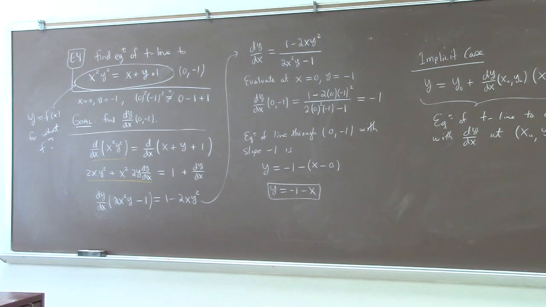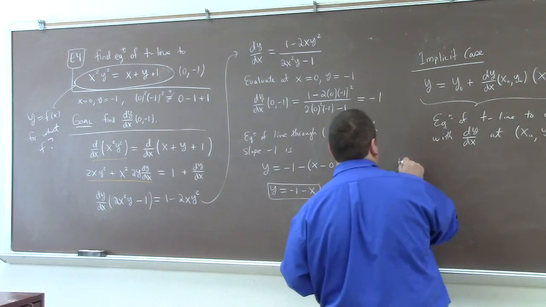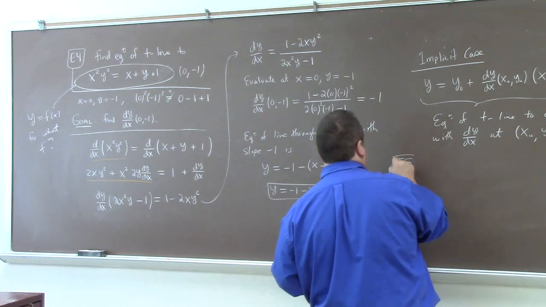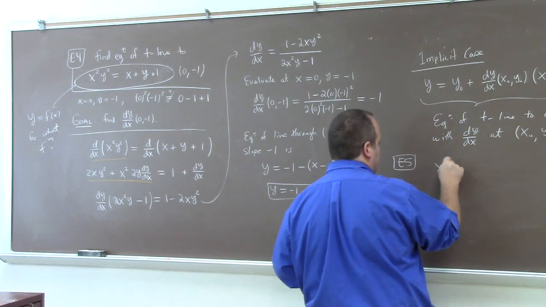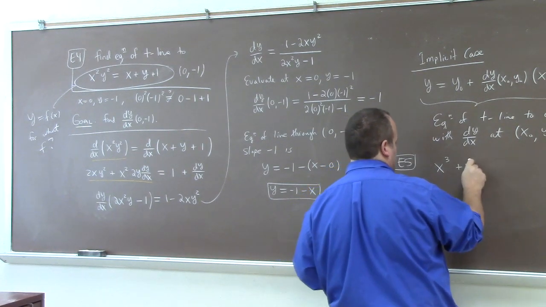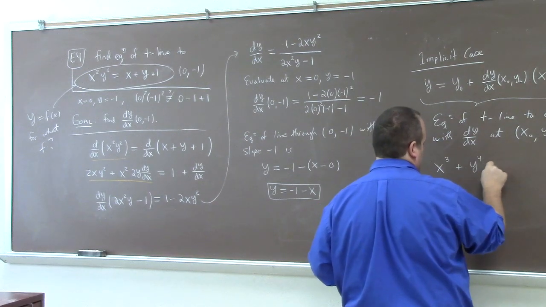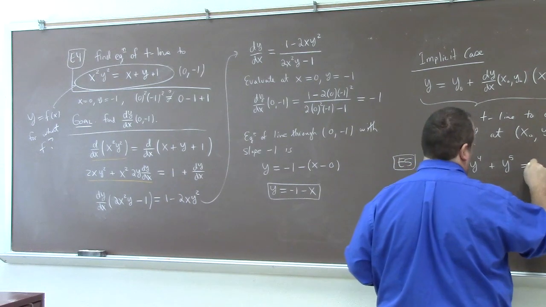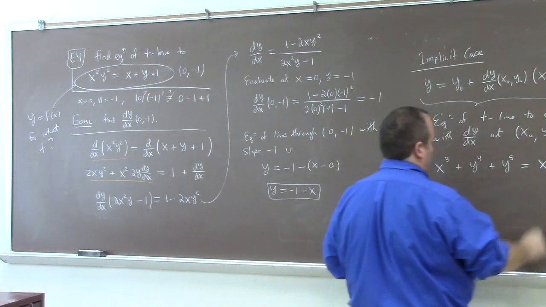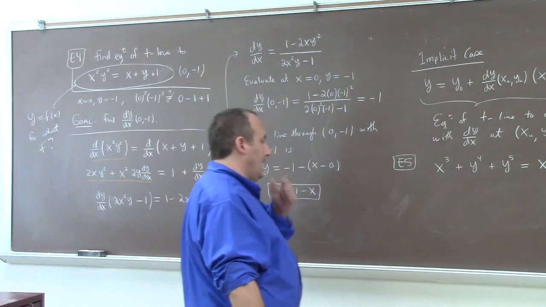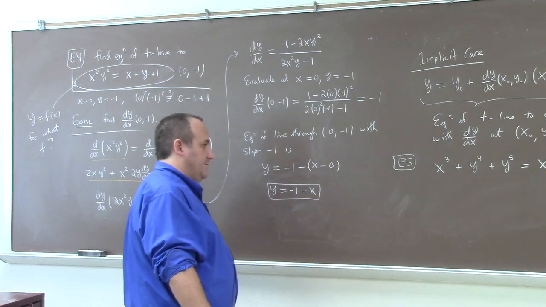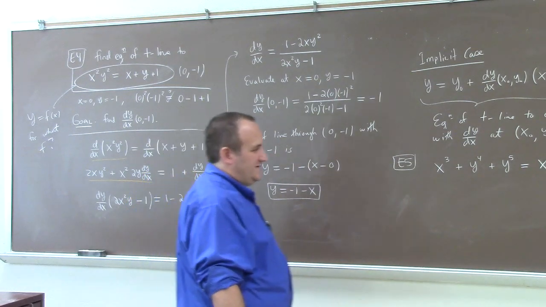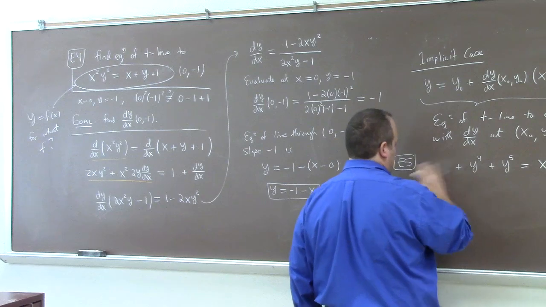Let me look at one more example like this to make sure we understand it. If I had something like x cubed plus y to the 4th plus y to the 5th equals, oh, I don't know, x. Actually, let me get rid of the x cubed on the other side and make it easier for myself.